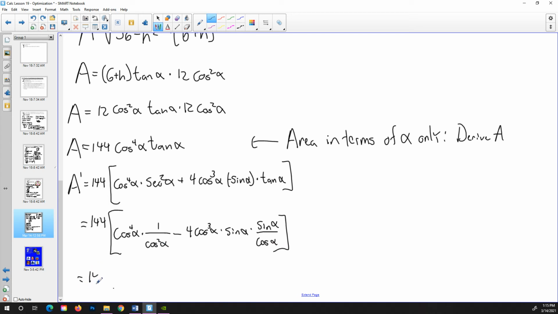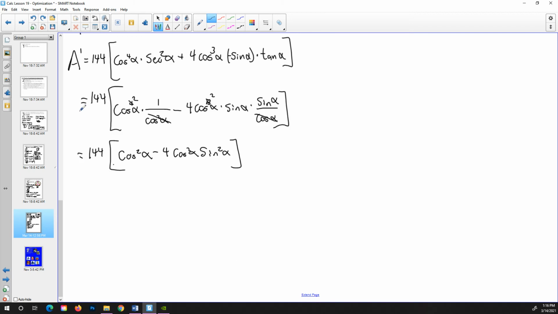So 144 stays, and then both cosines in the bottom cancel with 2 of the cosines in the top, so I have cosine squared alpha minus, 1 of the cosines cancels with the cosine in the bottom there, so squared, so I have minus 4 cosine squared alpha sine squared alpha.